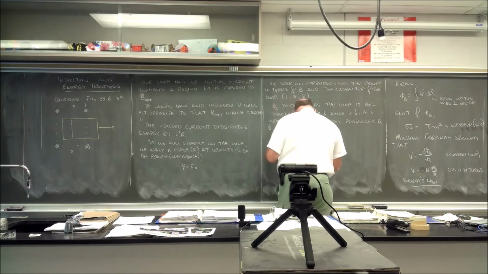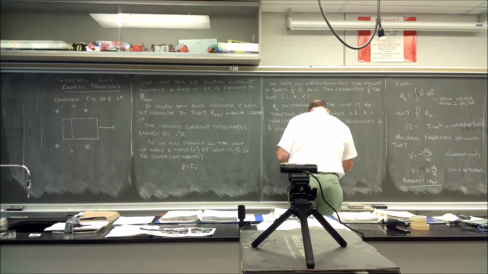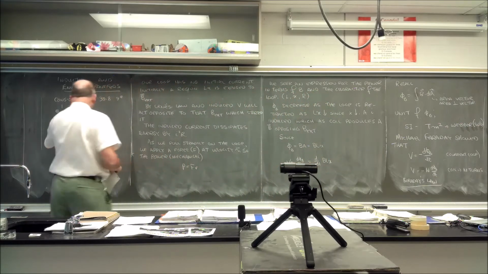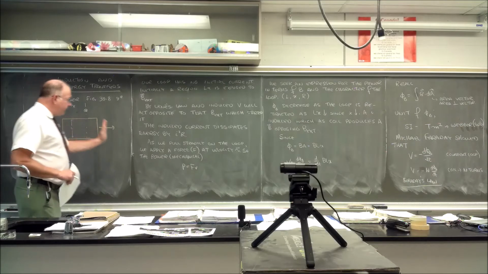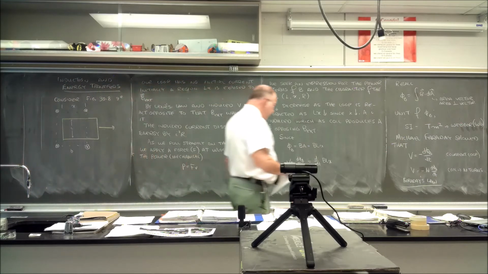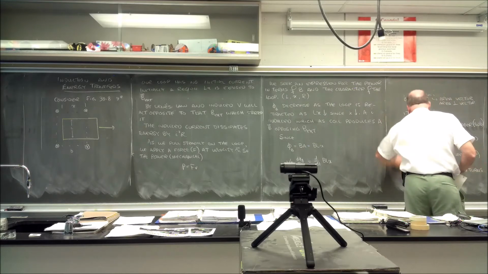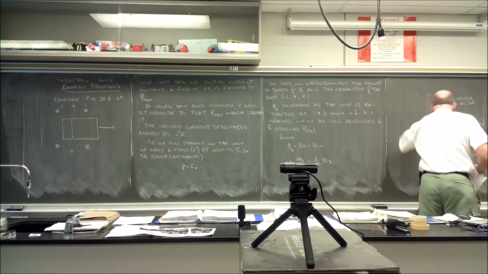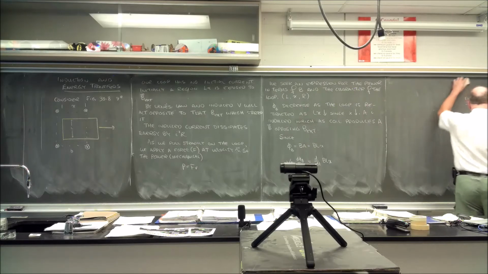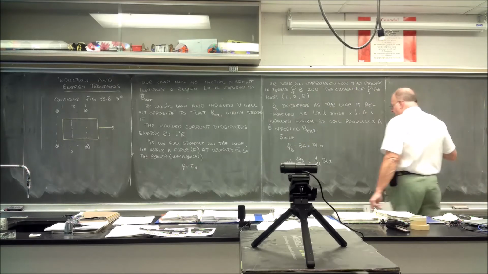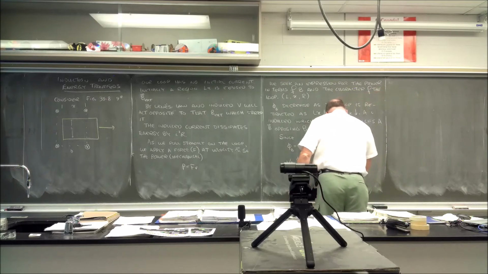This is equal to d/dt of BLX. So by construction, the V is constant and L is constant, so it's X that's the variable. And that translates directly to the speed of retraction. So this is going to be equal to BLV.